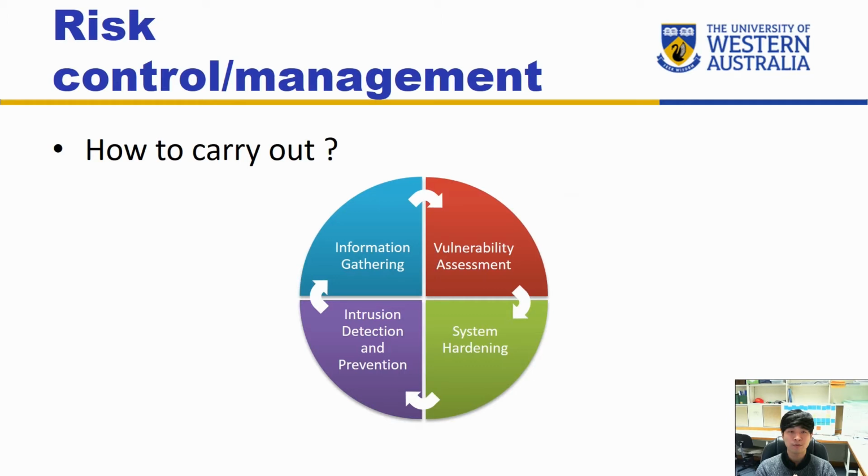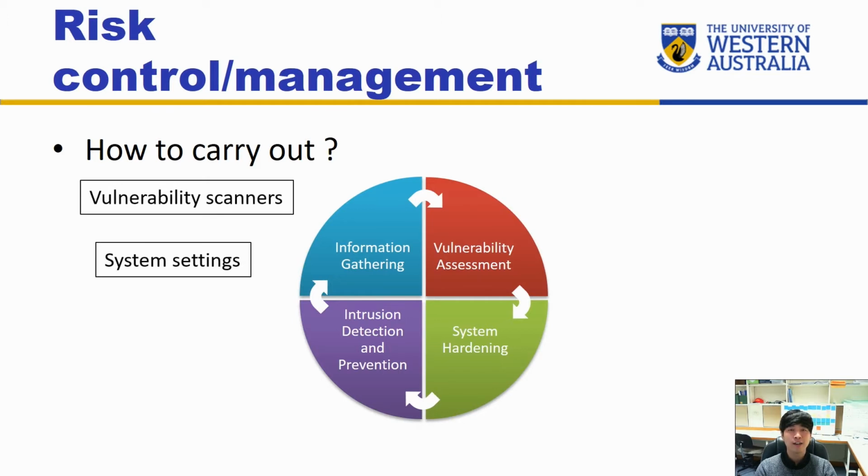So we're going to start from our top left corner over there. Okay. Information gathering. So how do you gather information in order for you to realize what kind of threats, what kind of risk we are dealing with here? Have a think. Okay?